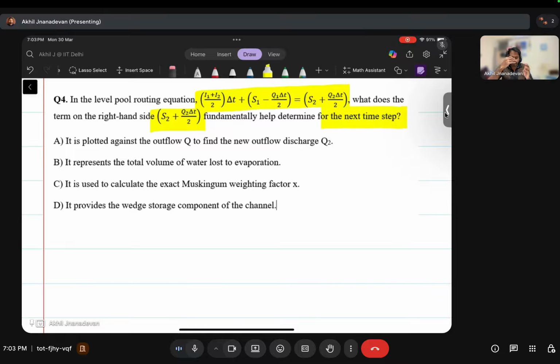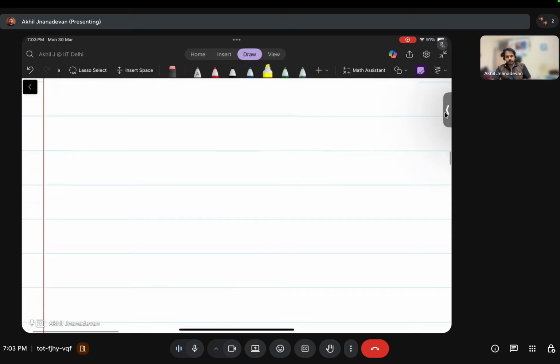This is basically a question pertaining to the level pool routing method. I will give a brief about how we make use of this method, and then there is a question dedicated to this. Through that question it will be very clear to you.